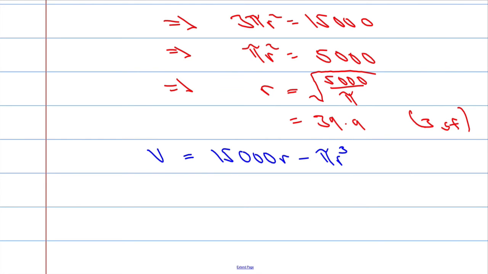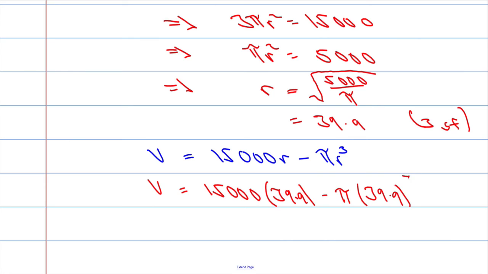So V will equal 15,000 times 39.9 minus pi times 39.9 cubed.